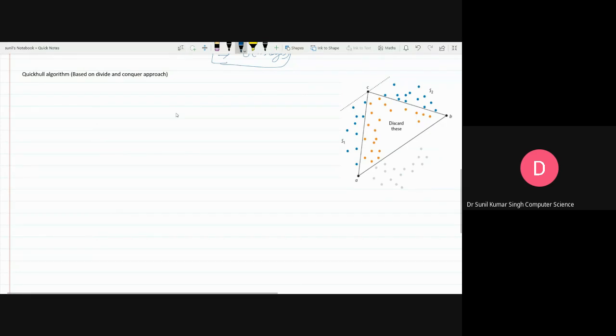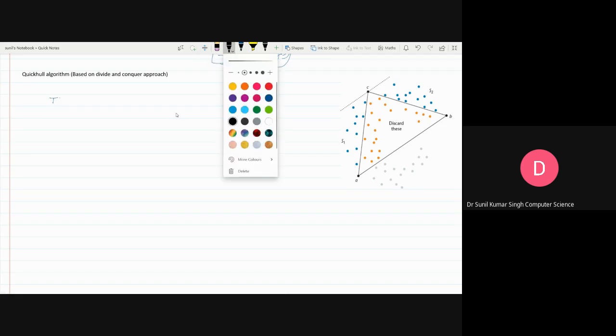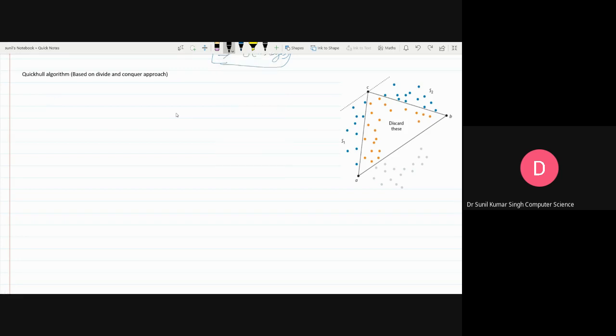If we look at the recursive steps of this divide and conquer approach, you can write something like T(n) is equal to a T(n/b) plus C(n) plus D(n).